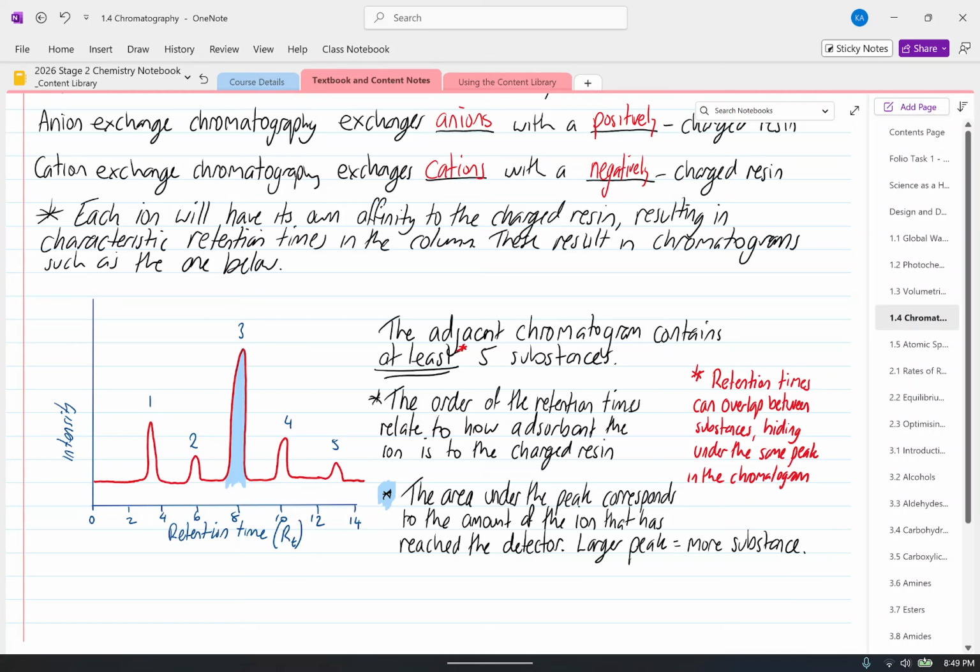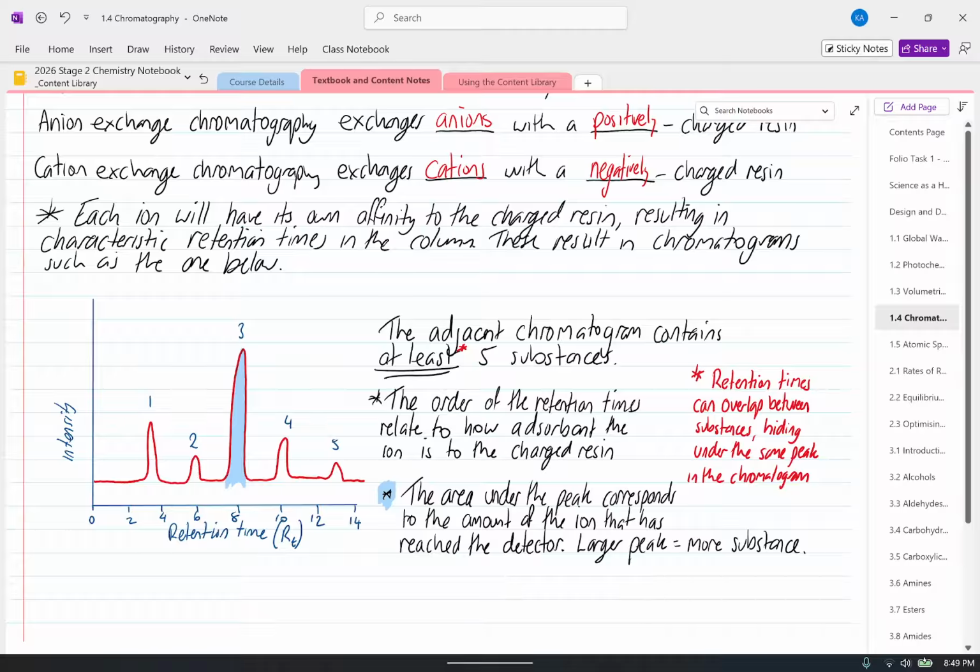Now we can see we have 5 peaks in this chromatogram. Chromatogram meaning our graph from our chromatography technique. Now I've said here that we've got 5 peaks, but it says here there is at least 5 substances. Like I mentioned a bit earlier, where we have our thin layer chromatography and our little blue dot, which looked like one substance.